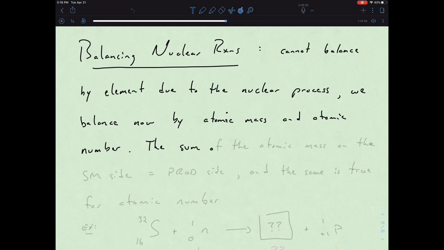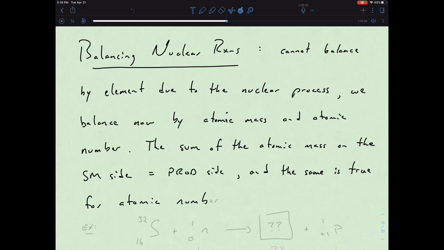The sum of the atomic mass on the starting material side should equal the product side, and the same is true for atomic number. So we have to balance out these numbers now, as opposed to elements.